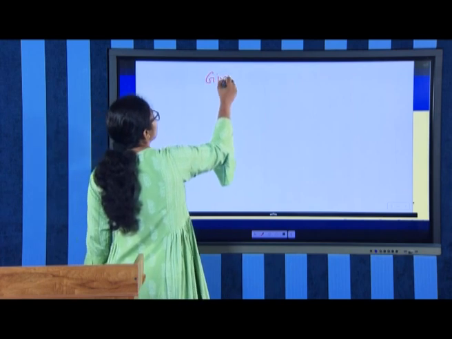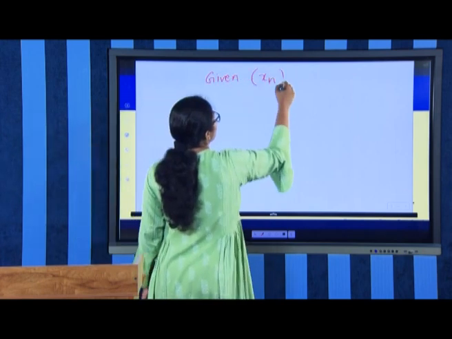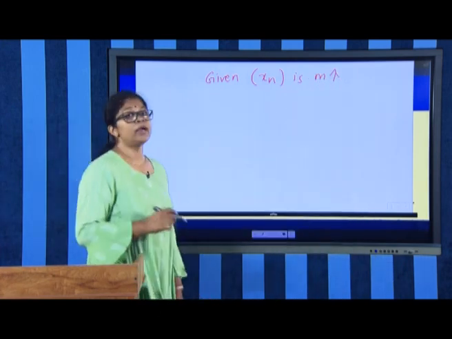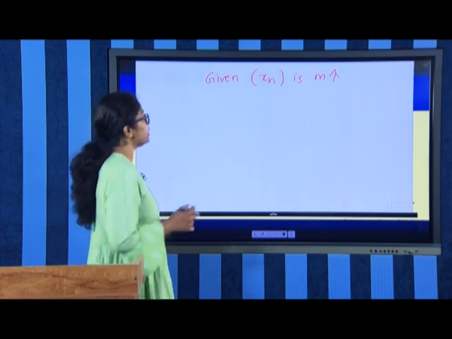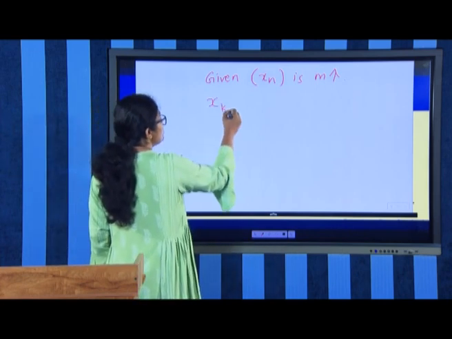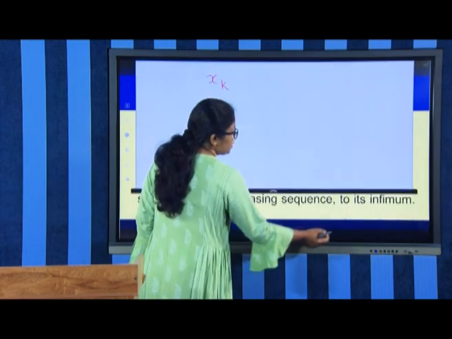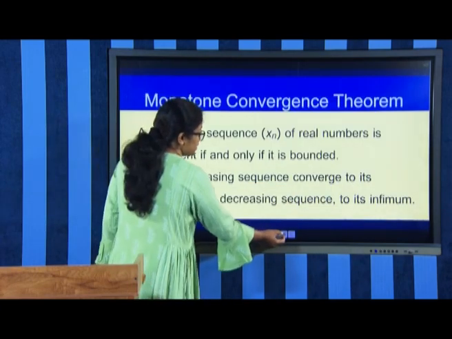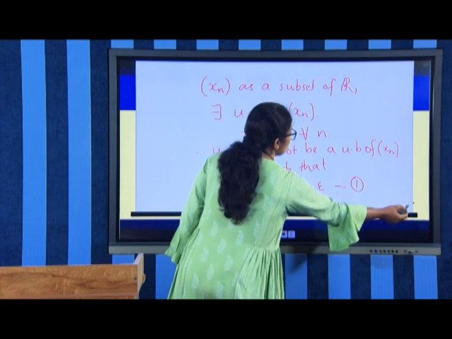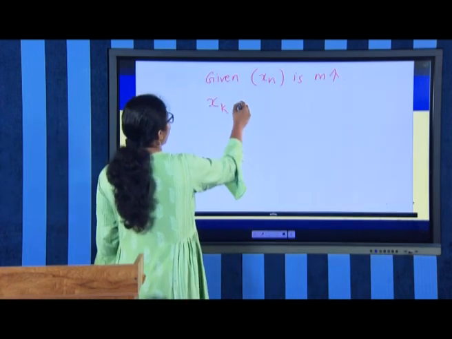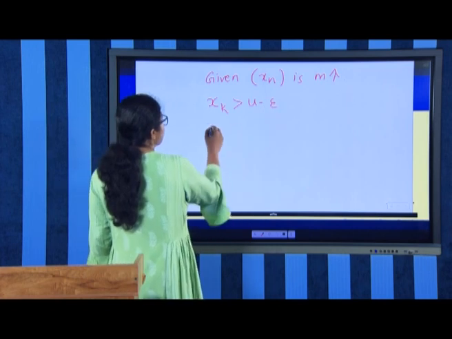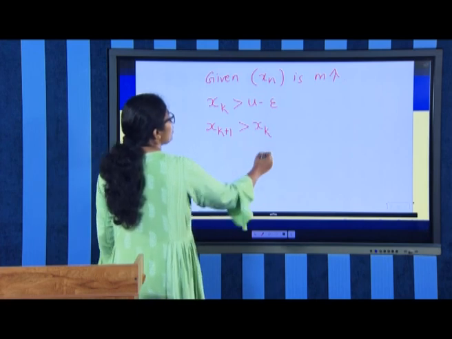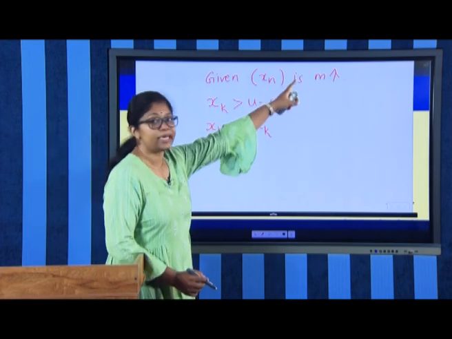Also given the sequence xn is a monotonic increasing sequence. So, what does a monotonic increasing sequence mean? If we have xk greater than U minus epsilon, we have xk plus 1, which is definitely greater than xk because our xn is monotonic increasing.